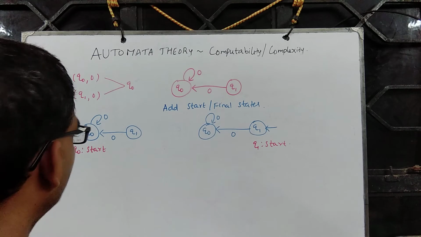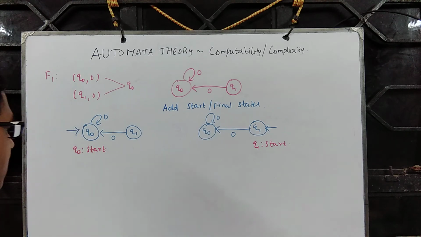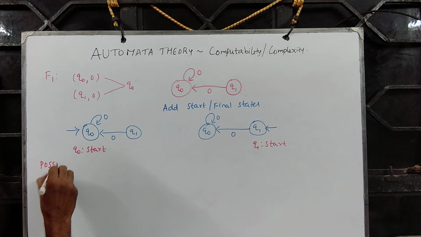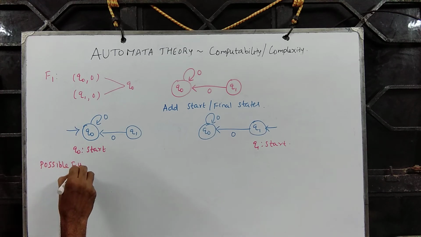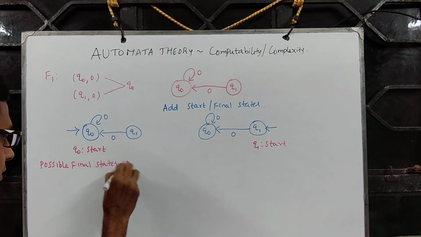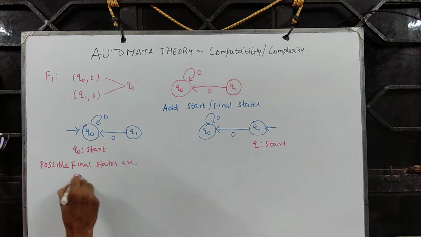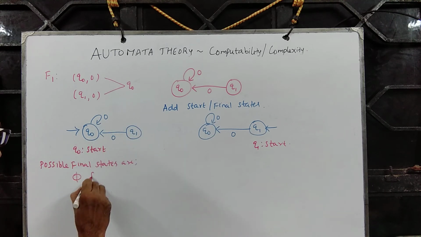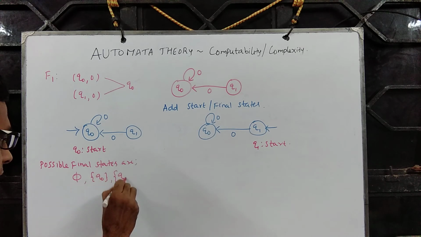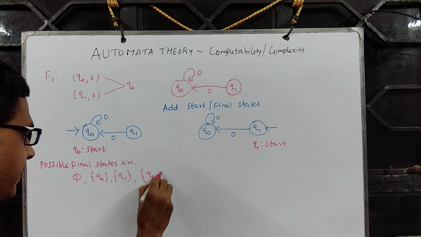Now we have to add final states. Now possible final states are: none of them are final states, empty, or q0 is the final state, or q1 is the final state, or both are final states.